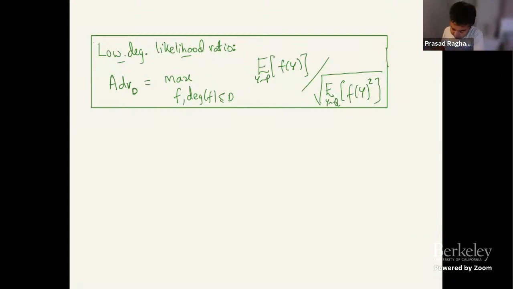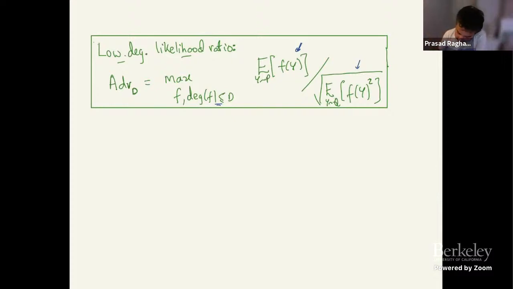So what is the optimization problem? I have a low degree polynomial f that I want to find. In the planted distribution, I want the function to be large, so its expected value is large. And in the null distribution, the value is small. So in fact, I'm interested in the ratio.